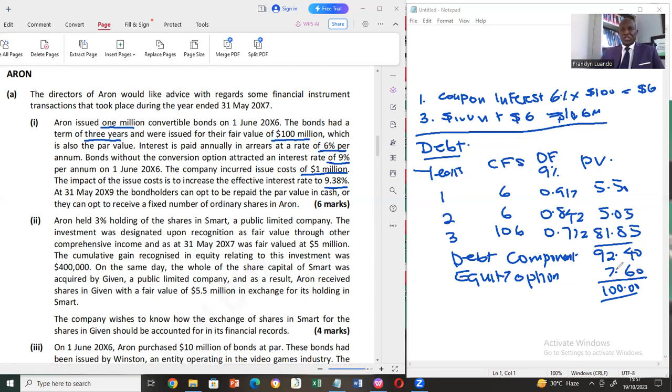So if the examiner wants you to demonstrate the journal entry, the journal entry will be: we have received cash from the issue of the convertible loan, debit cash, which is $100 million.